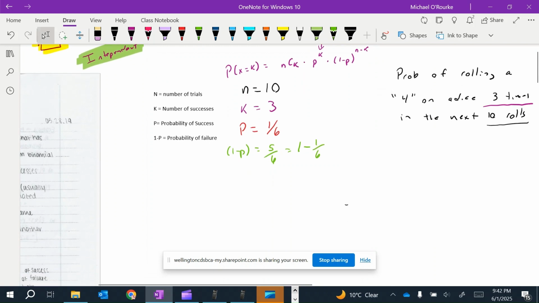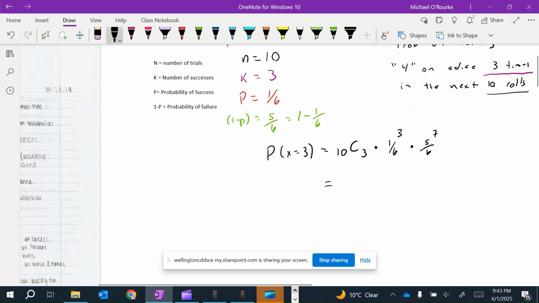So let's plug everything into our equation. So the probability of x being 3 equals 10c3. So it's 10 trials, I want 3 to be right, times 1 over 6 to the power of 3, that's how many successes we want, times 5 over 6 to the power of 7.